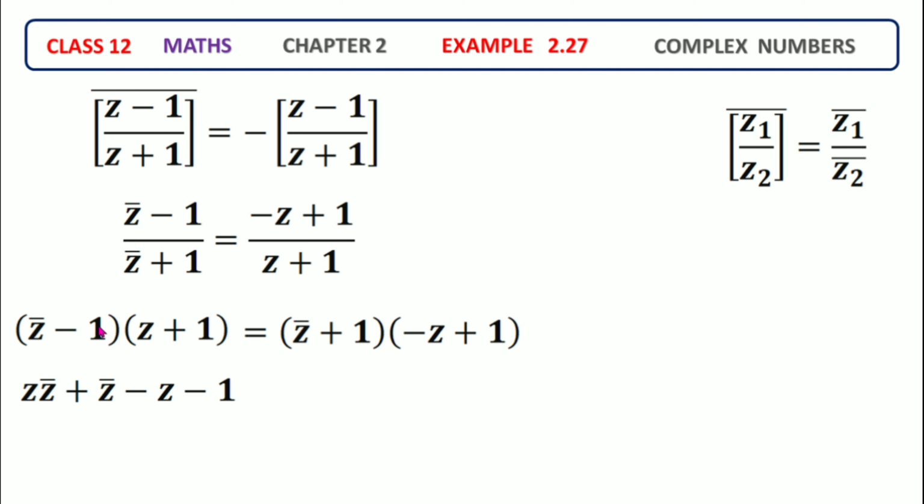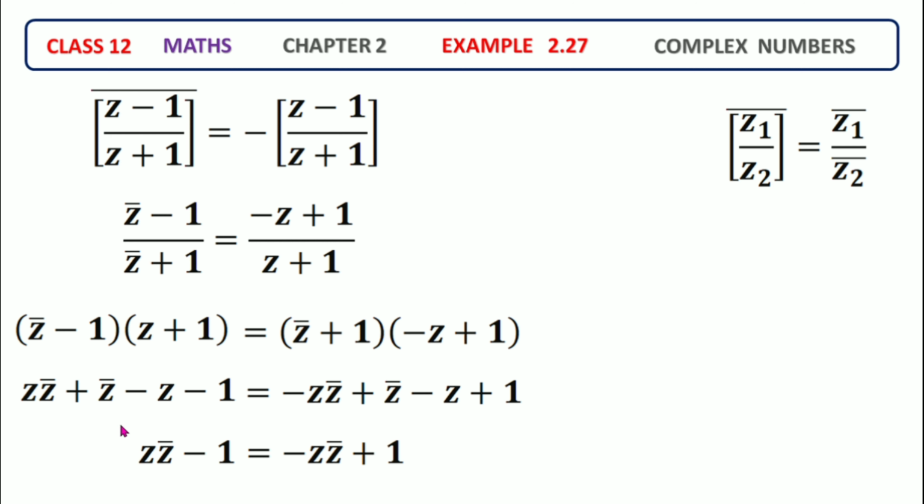Here z bar into z, that is z z bar, z bar into 1 is z bar, minus 1 into z is minus z, minus 1 into 1 is minus 1. Again on the right hand side, minus z z bar, z bar into 1 is z bar, 1 into minus z is minus z, plus 1 into 1. Next step, z z bar cancels on both sides, minus z also cancels.